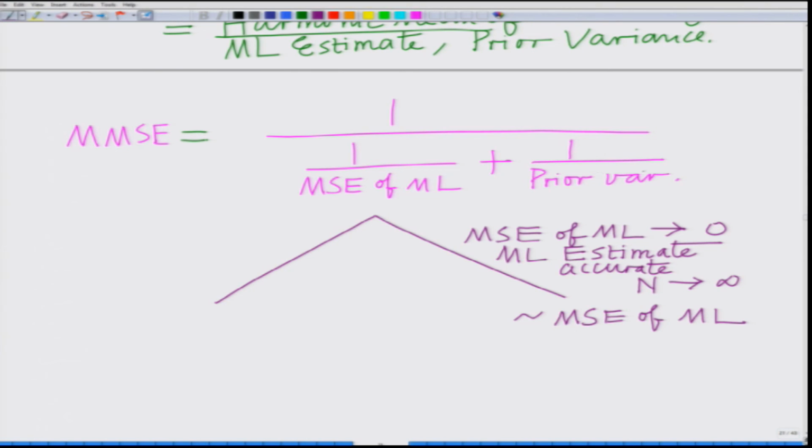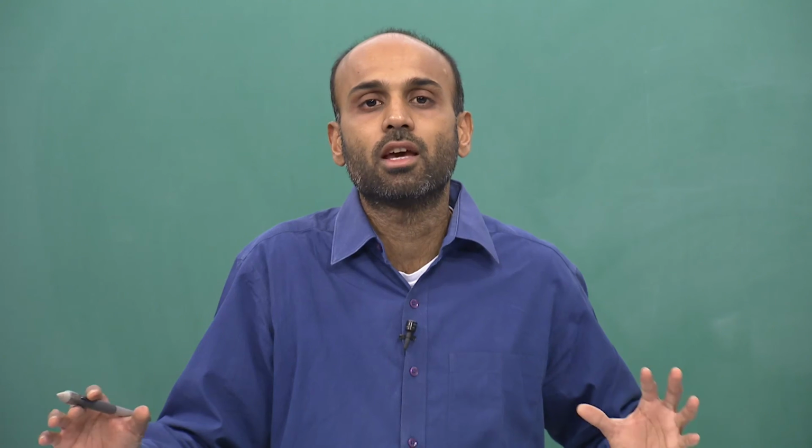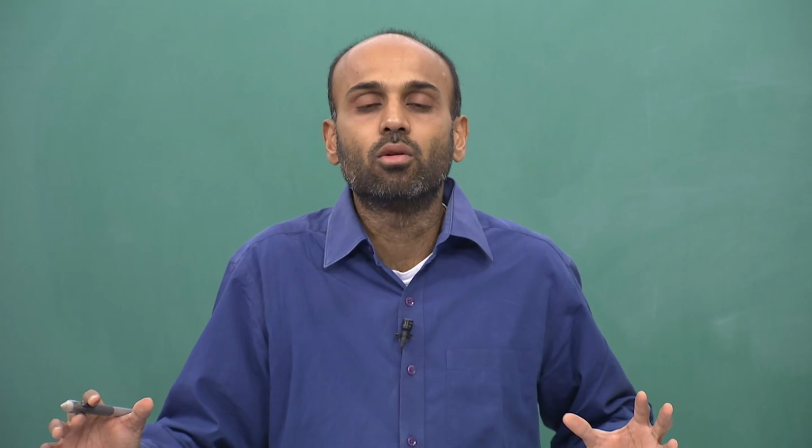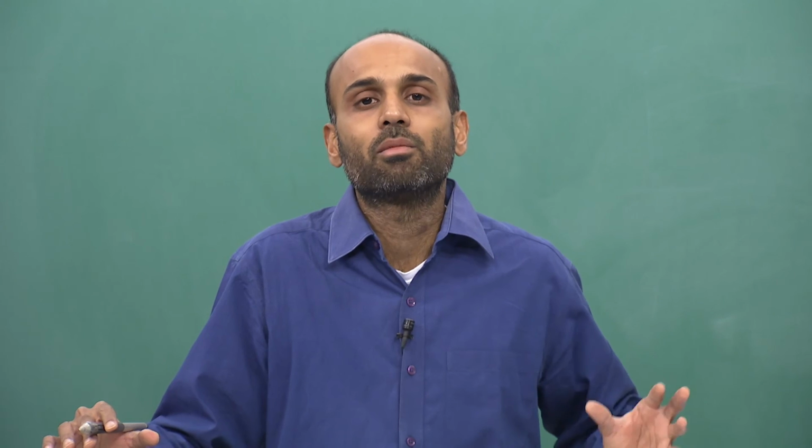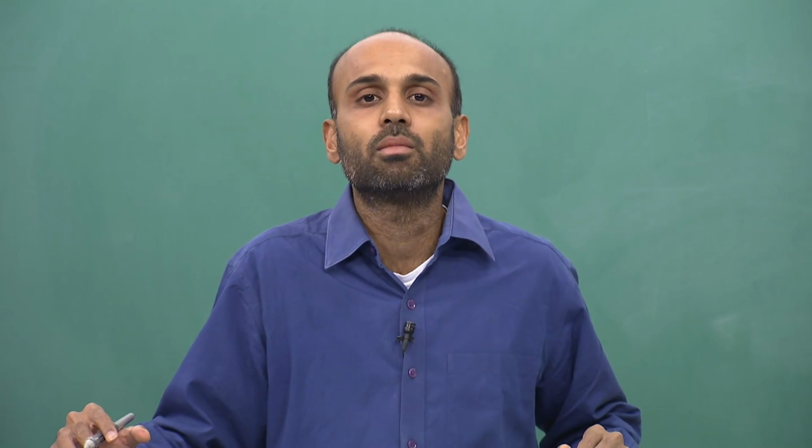Now, on the other hand, if the prior variance is very small, the prior variance tends to 0, then again the denominator is dominated by 1 over the prior variance, and therefore the MMSE is approximately equal to simply the prior variance. These are interesting insights, very similar to the wireless sensor network scenario. With a large number of observations, the ML estimate is very accurate and its variance is very low, so naturally the final MMSE estimation error will be very close to the MSE of the maximum likelihood estimate.